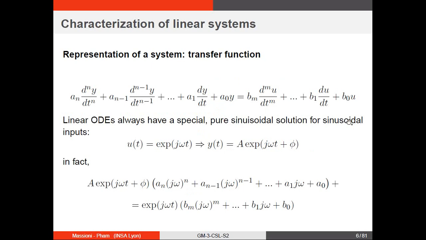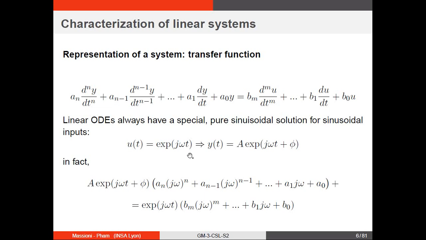Okay, so let's have another look, another intuition about what happens with differential equations. So you might know that a linear ordinary differential equation always has a sinusoidal solution if the input is sinusoidal. So basically, if u is a sine wave, which we can write in a more general way with a complex exponential.